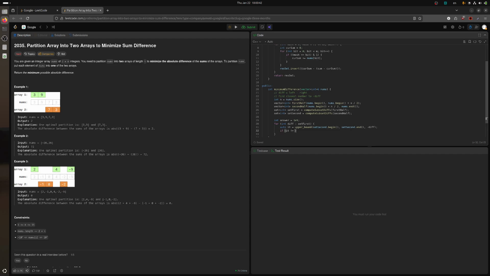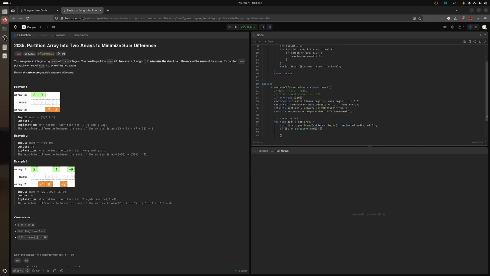So if it doesn't equal set second end, then answer, well, if we have the diff is 1 in here, and then it's, what, this plus this is minus 5, so minus 3 in here.